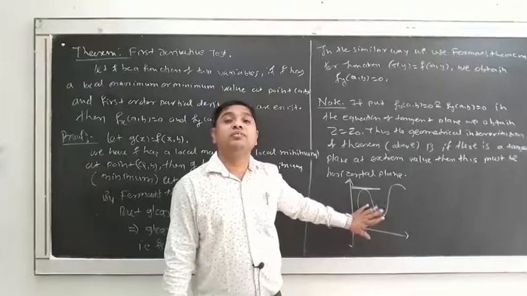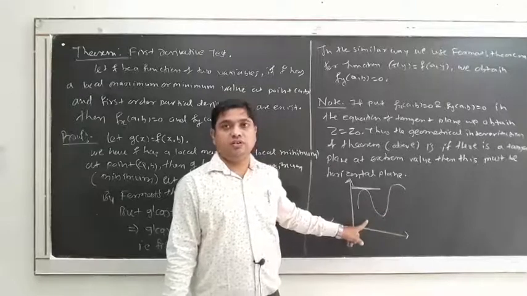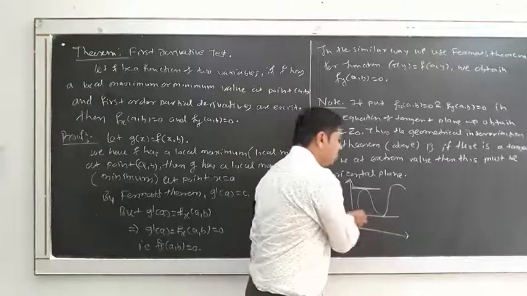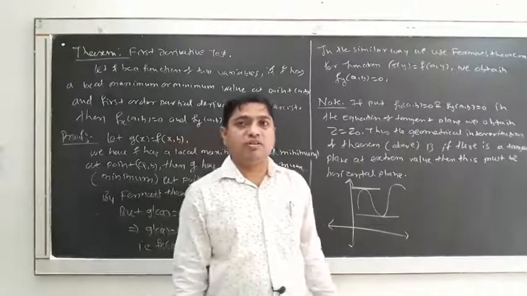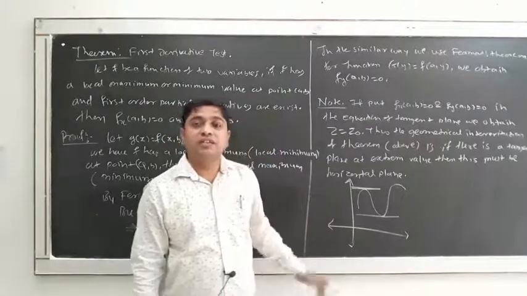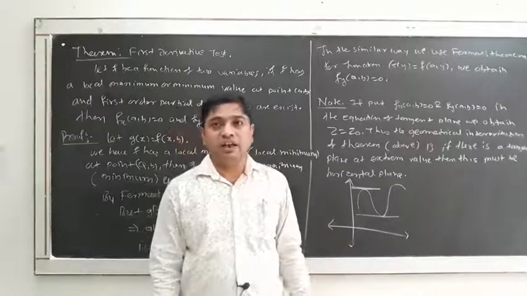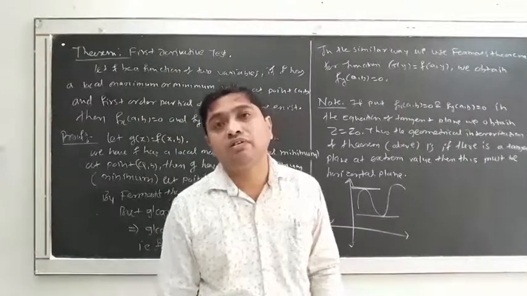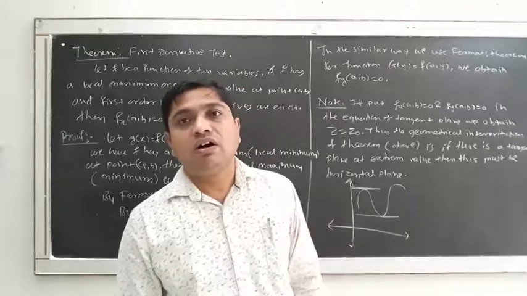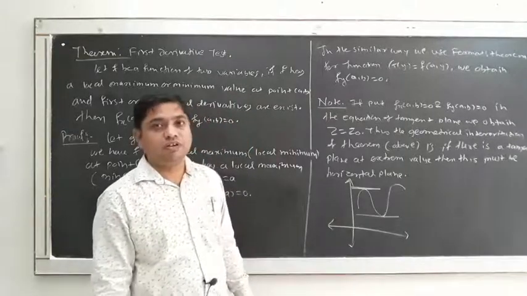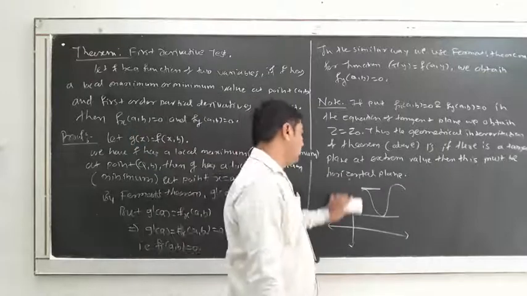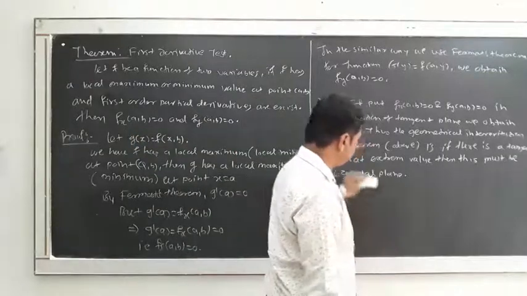That is, the tangent must be horizontal at extreme values, and for a two variable function, this tangent becomes a tangent plane. This tangent plane must be horizontal. Okay, so we also wrote the geometrical interpretation.